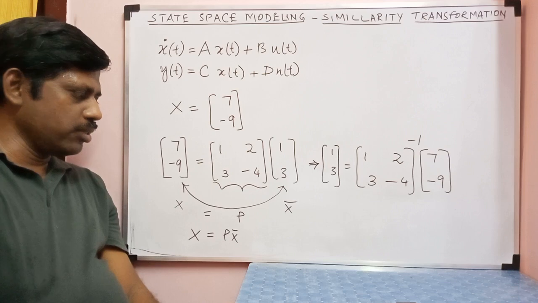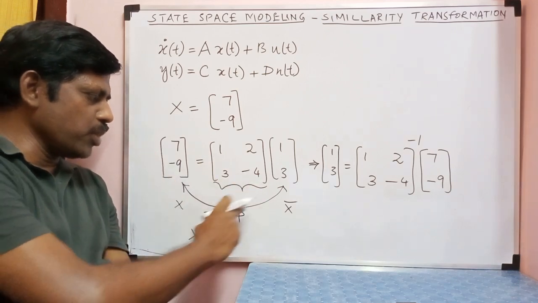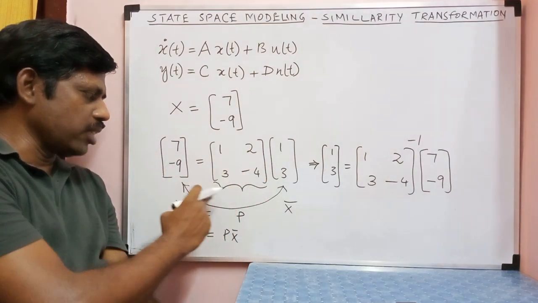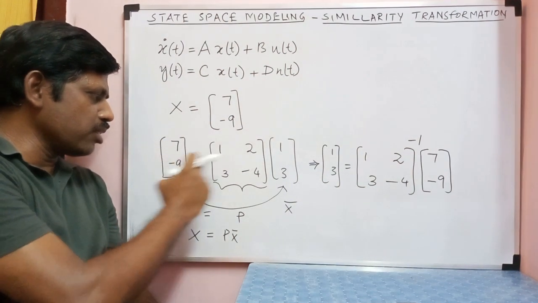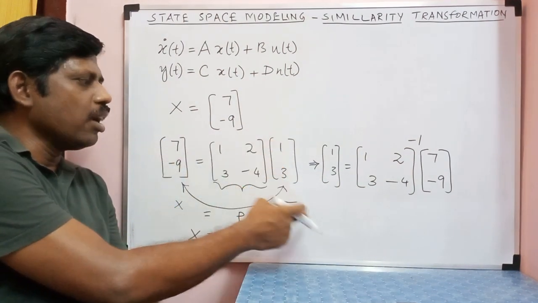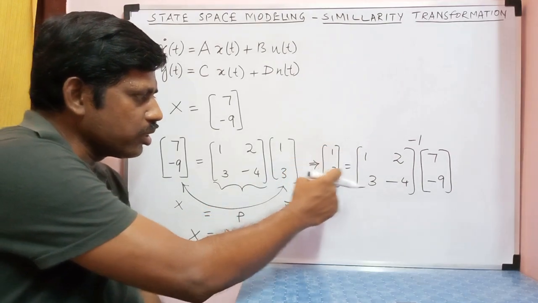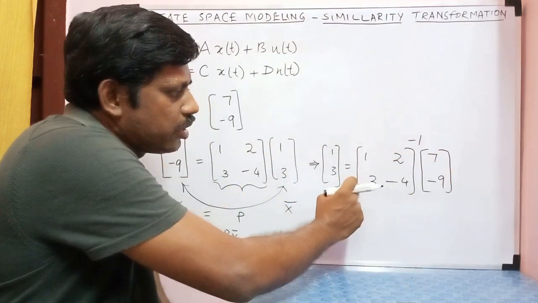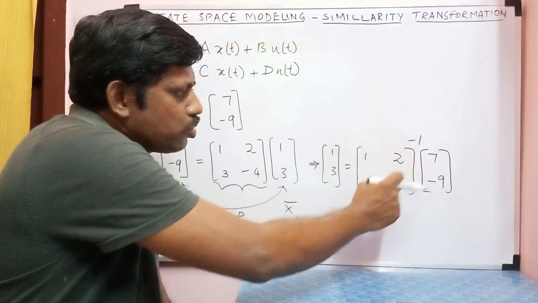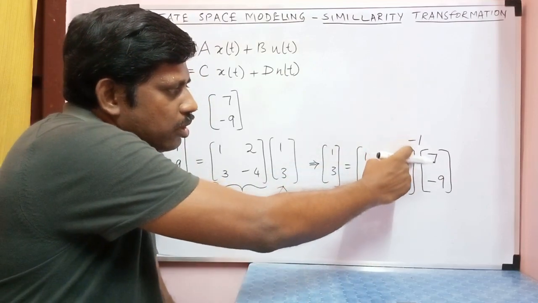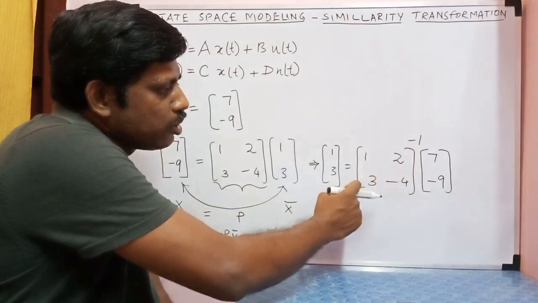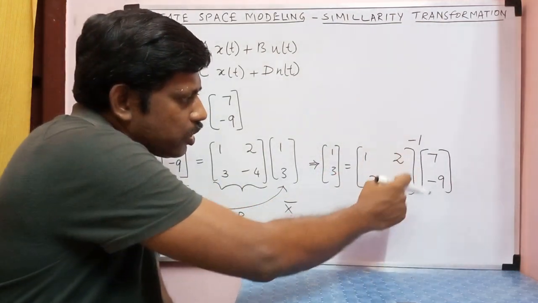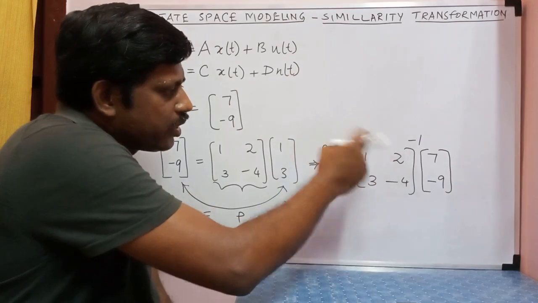But only thing is, for this transformation to be bidirectional, that is, if I should get this 7 minus 9 from 1, 3, and again if I should get 1, 3 from this 7 minus 9, this matrix should be invertible.